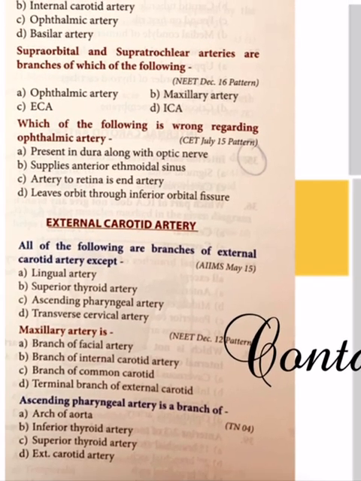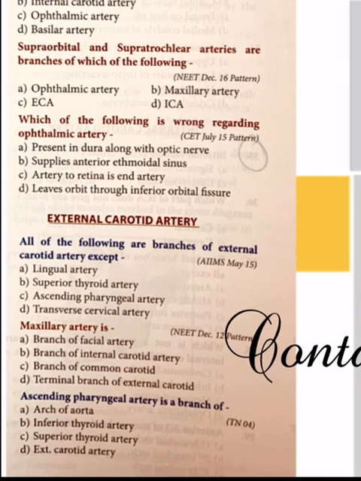Then coming to the next question, all of the following are branches of the external carotid artery except. Now this one you can answer. Lingual artery is a branch of the external carotid artery and it is an anterior one. Superior thyroid, anterior one. Ascending pharyngeal artery, remember MA, so the medial one is your ascending pharyngeal artery.